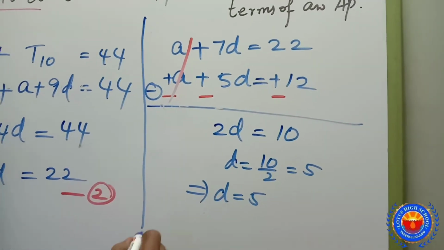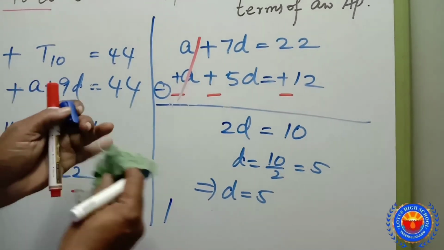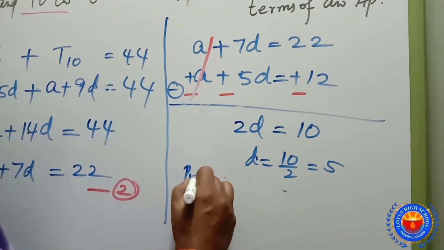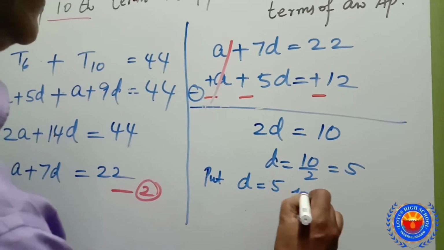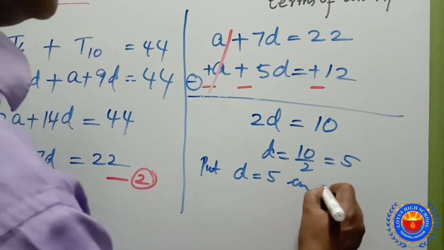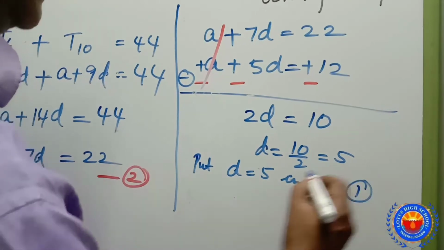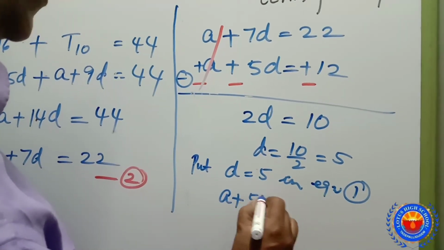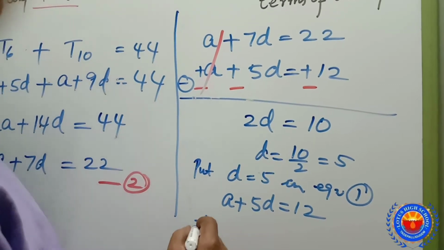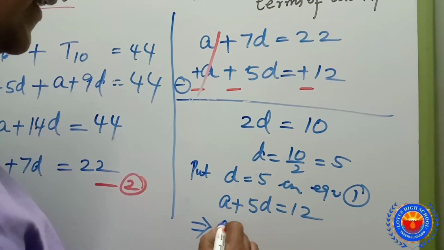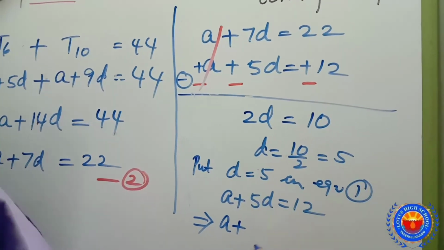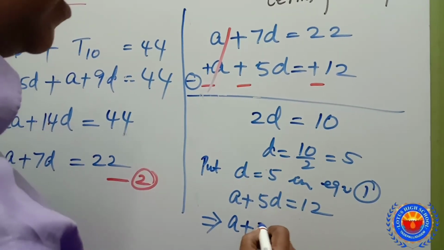Put D is equal to 5 in equation 1 or 2. I'll keep it in equation 1, that is A plus 5D is equal to 12. We have to find 5D: 5 into D, 5 fives are 25.